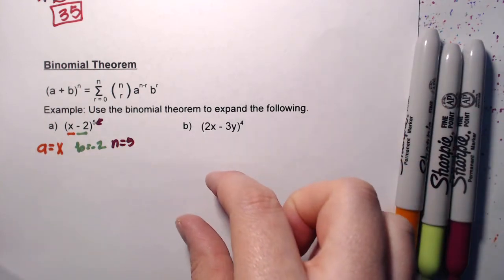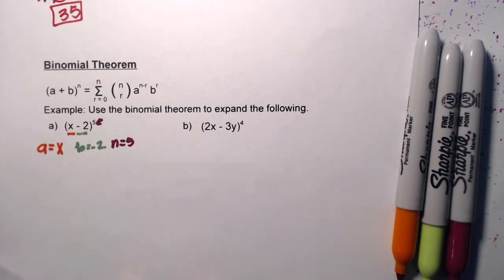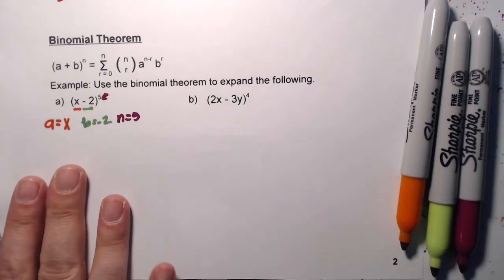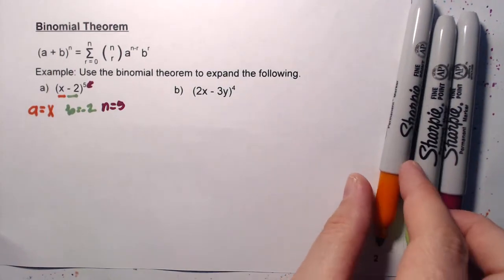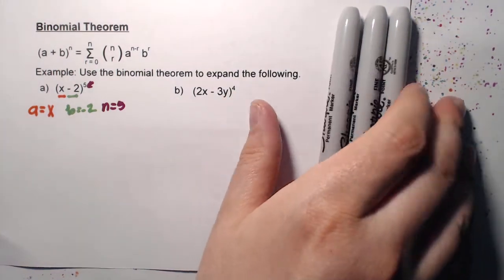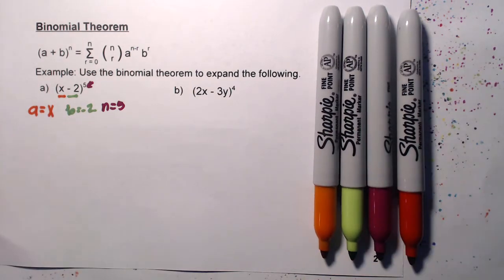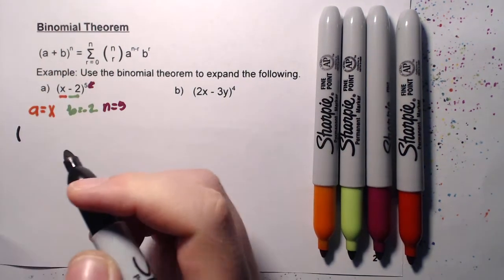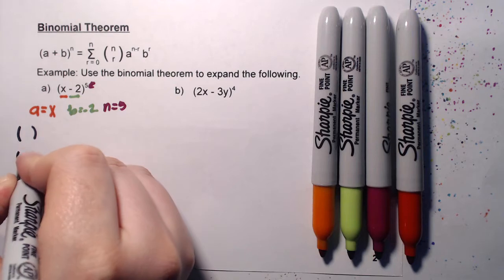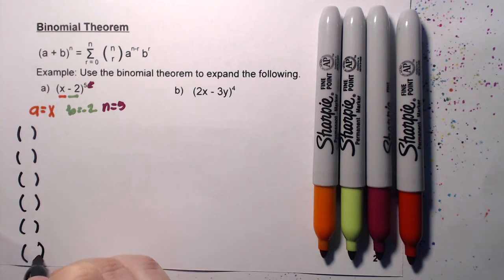We can write it out horizontally, but I find that it's easiest to write it out vertically and then write your answer horizontally. So I'm going to start writing this out as some binomial coefficient, and R is going to change. So in this first one, we're going to have an N and an R, N and an R, N and an R, 6 is what we're going to need.